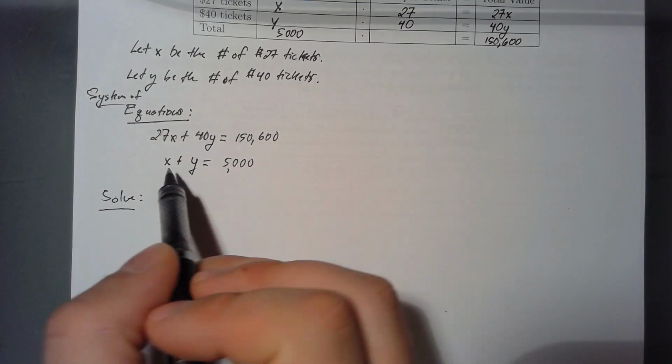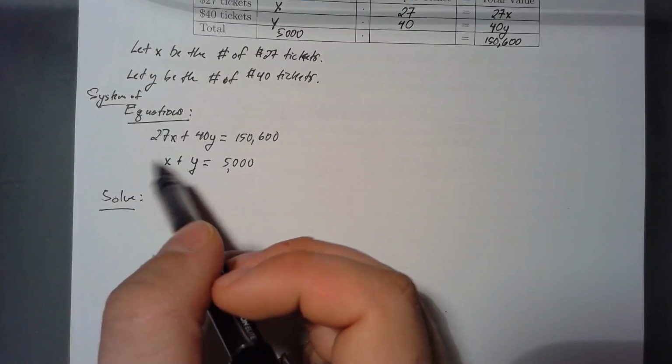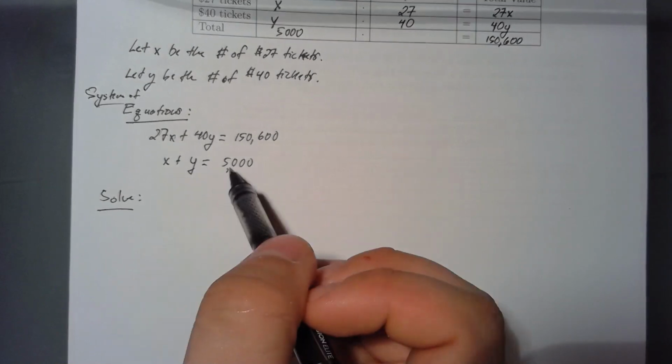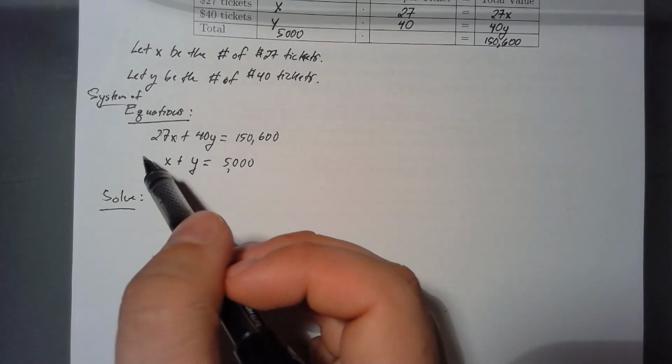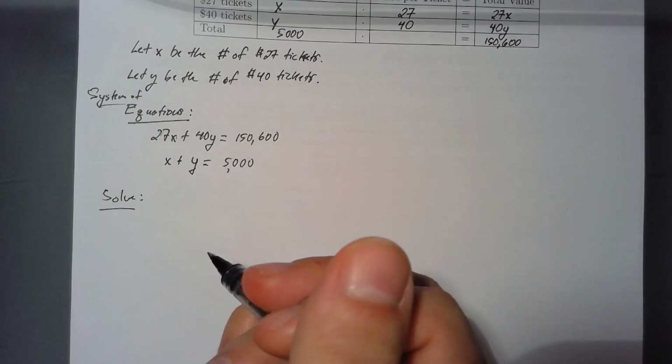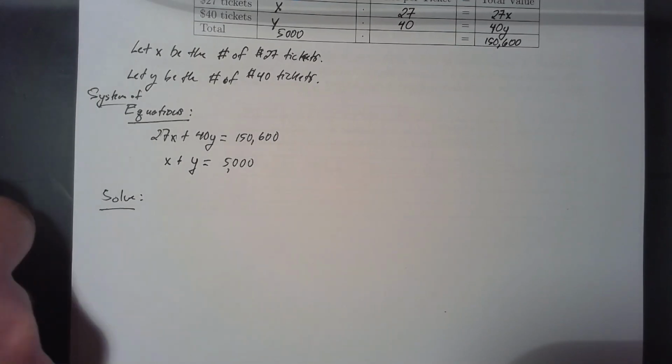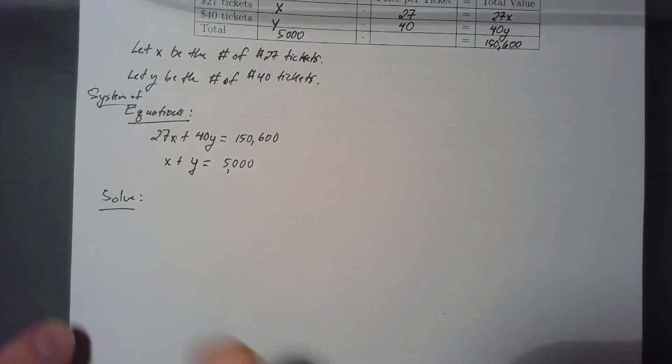We can multiply the second equation by negative 27, or by negative 40. Add them together, and one of the variables will cancel out. Either way is fine. I'm going to do elimination.